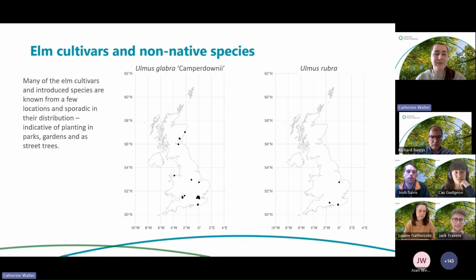I've got two examples here, one of a wych elm cultivar, which, although it actually had a fair few number of records for a cultivar, they are all spread out, which shows that they've been planted. And then a North American elm, Ulmus rubra, which has also been planted in parks and gardens in the UK.